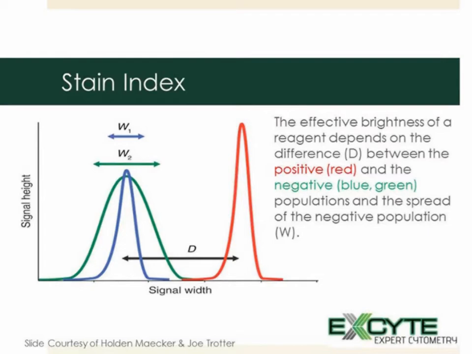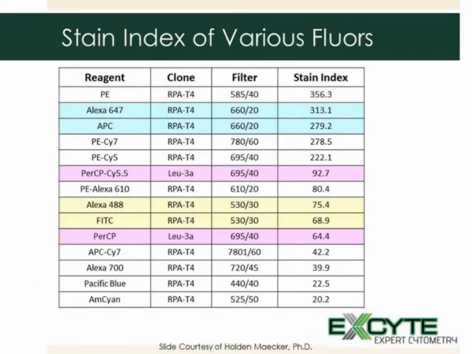That leads us to be able to create charts that look like this. This is a chart slide from Holden Maecker, but there are many charts like this out on the web and should be designed for your specific instrument because every machine out there can have different laser powers, filters, etc. So you want to have it as close to your machine as possible.